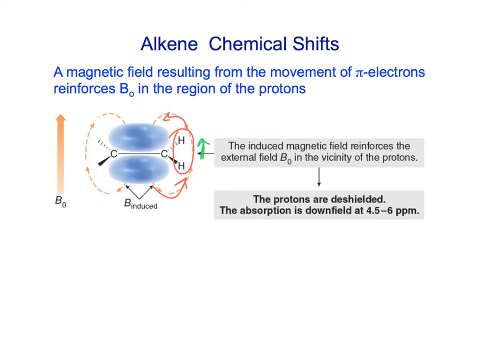So this is the same story as with the benzene ring. So these protons are going to be further deshielded. They feel a stronger magnetic field, maybe not quite as much as the benzene, and double bond protons are in the range of 4.5 to 6.